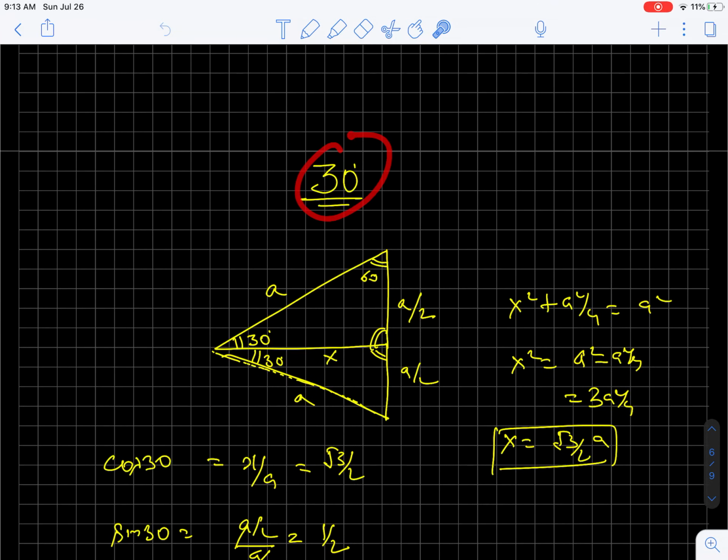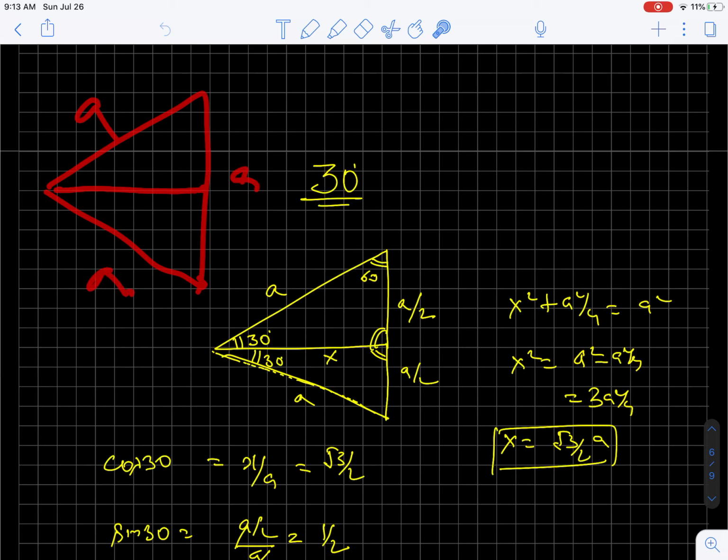Next, if we have to find the ratios of 30 degrees, sin 30, cos 30, tan 30, then I am drawing a simple equilateral triangle with side A, and drawing a perpendicular from this point to this point. This is a perpendicular bisector and also an angular bisector.